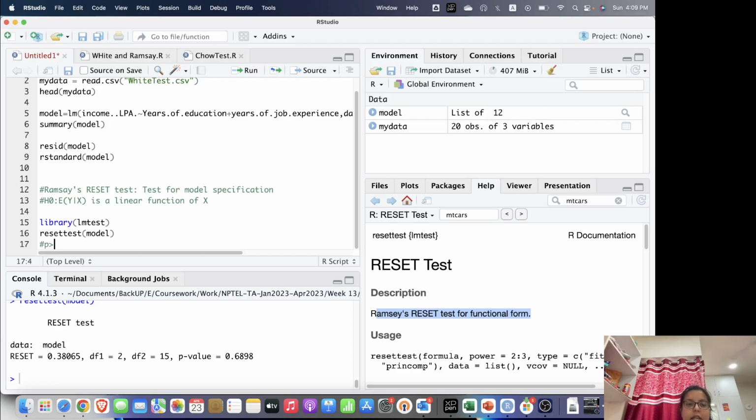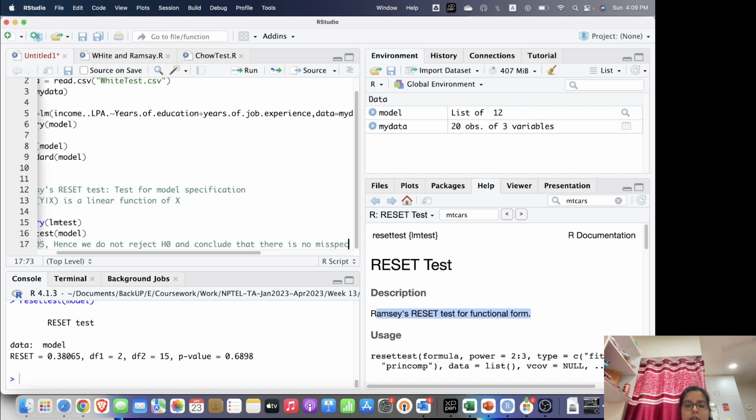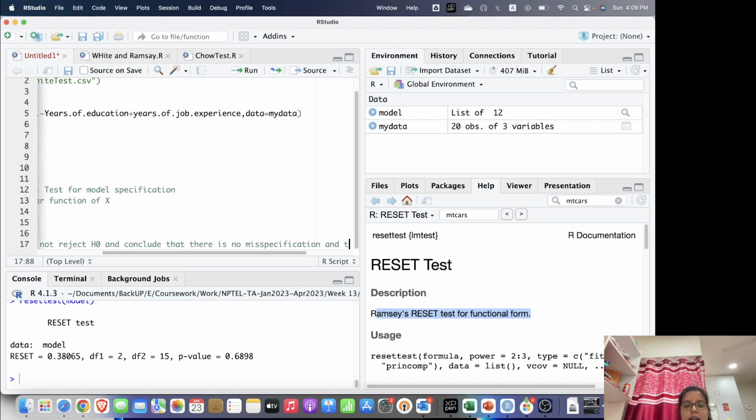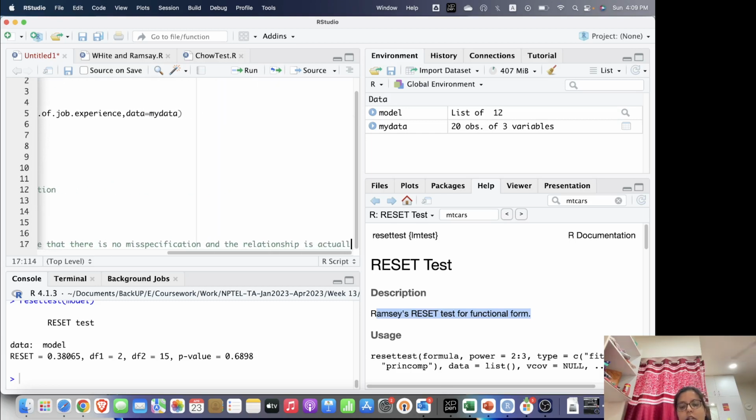We see that p is greater than 0.05, hence we do not reject H naught and conclude that there is no misspecification and the relationship is linear.